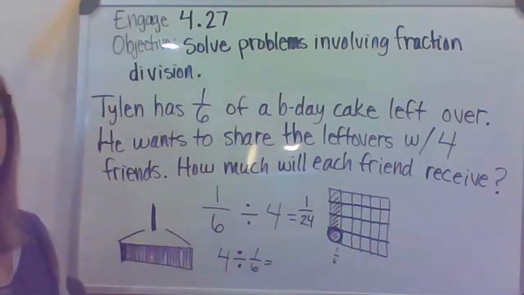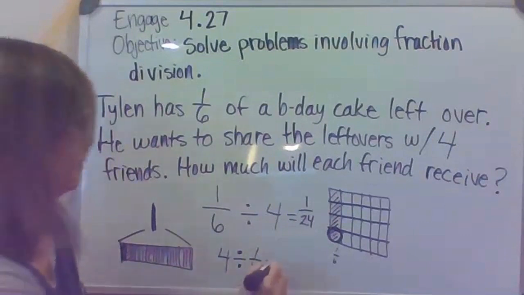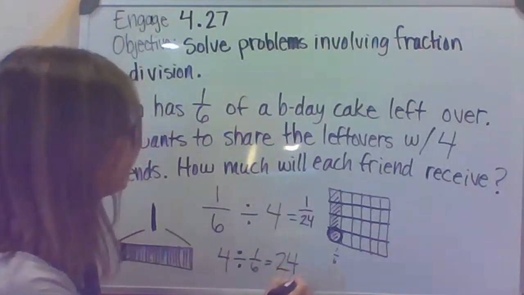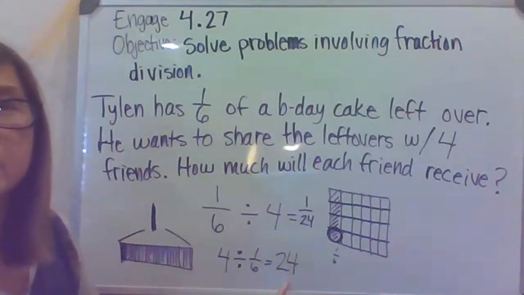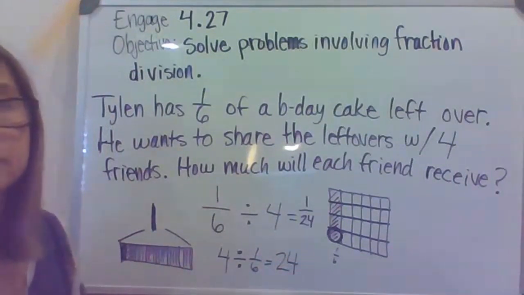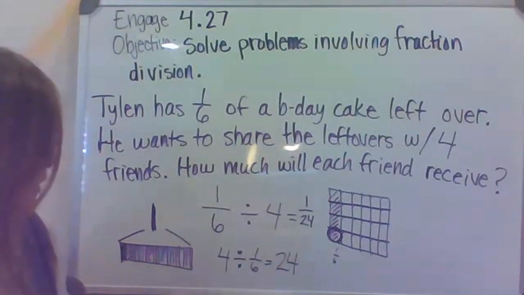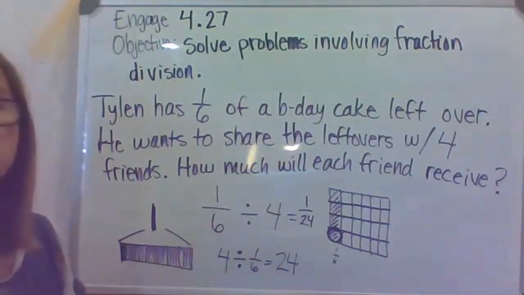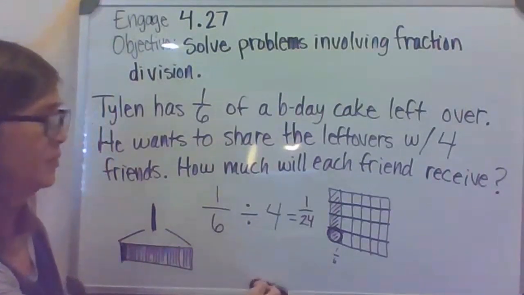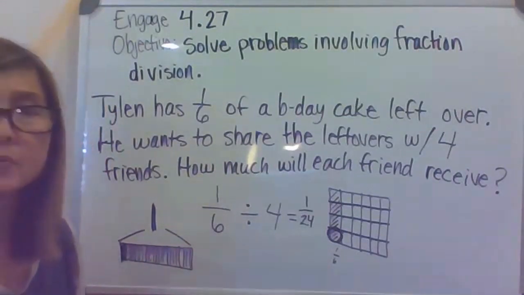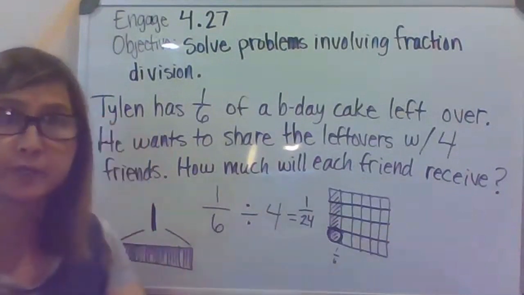Let's say that I thought that was the answer. Well, you know what I would get? 24 pieces of cake. Do you think everybody would get 24 pieces of cake? Right? So that would not be a logical answer. So think through and decide, did I come up with a reasonable, logical answer? Or was I like, whoa, that seems really odd that that would be my final quotient?